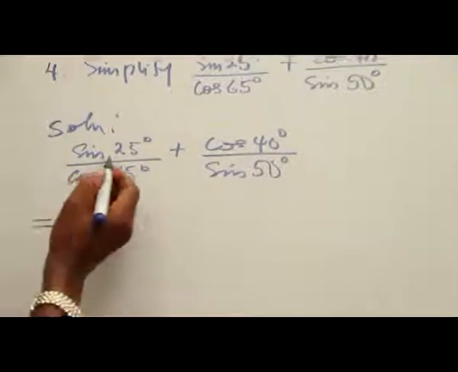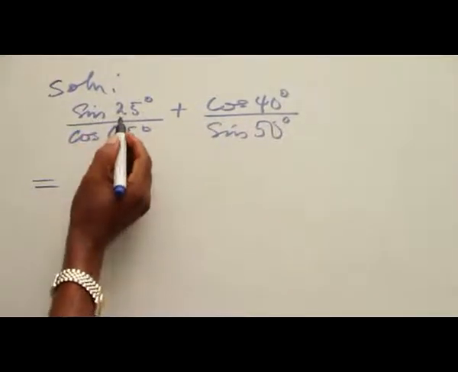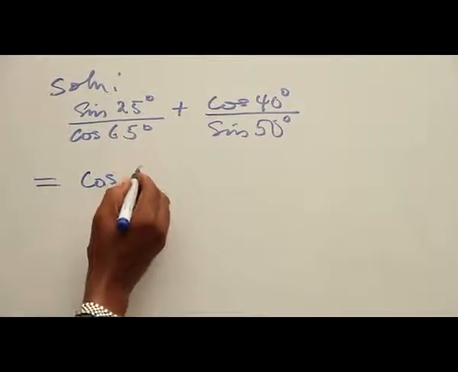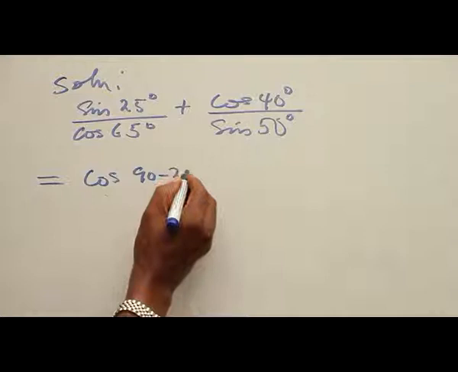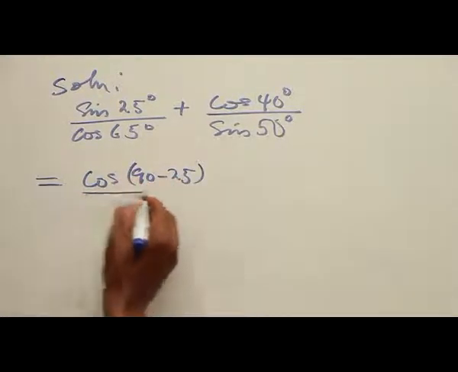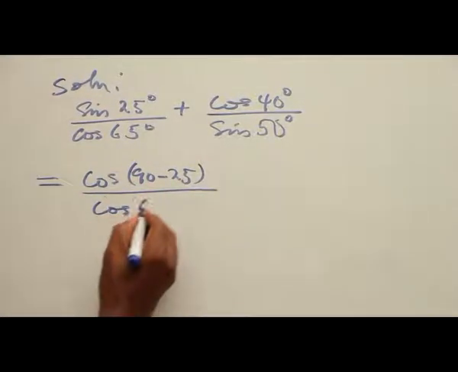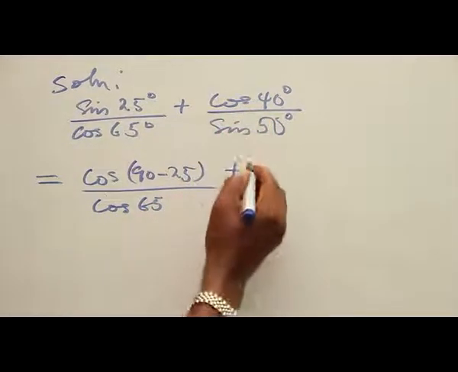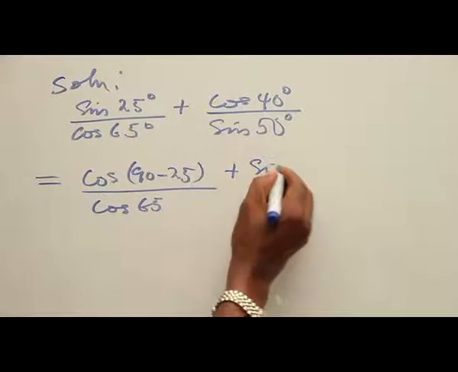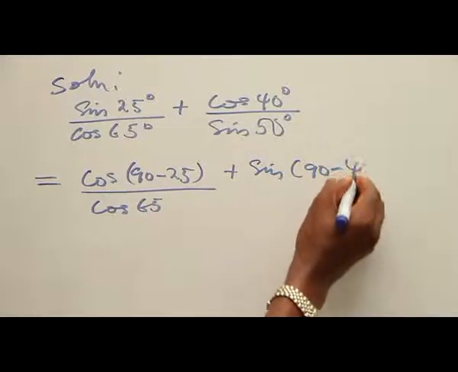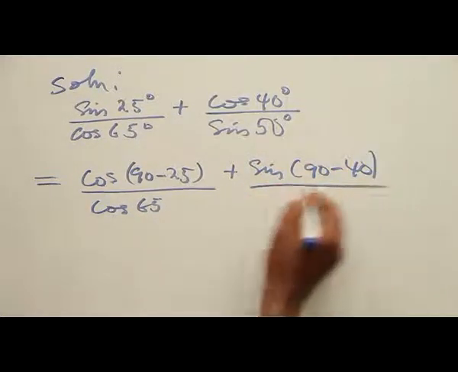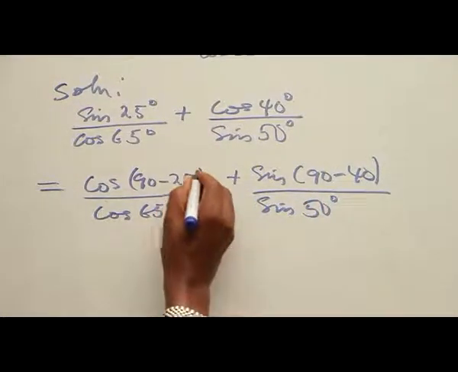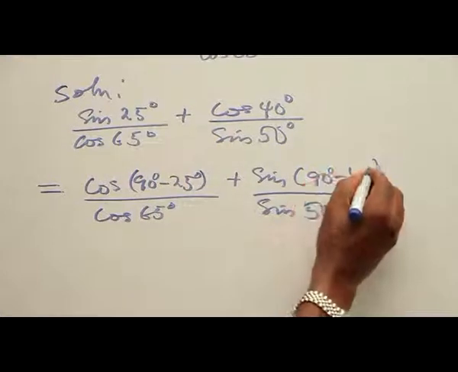Now this will be equal to the complement of sin 25 degrees will be cos 90 minus 25. Everything here all over cos 65 plus, of course, the complement of this one will also be sin 90 minus 40. Everything here all over sin 50 degrees. Alright, we are all in degrees.